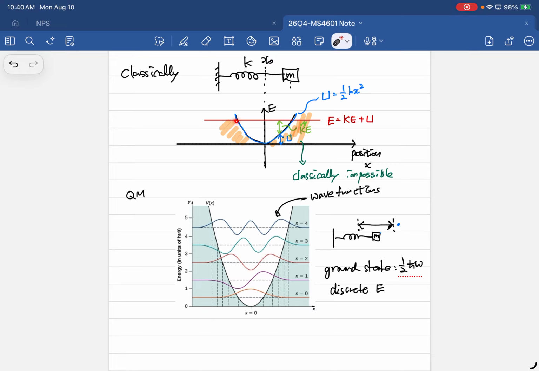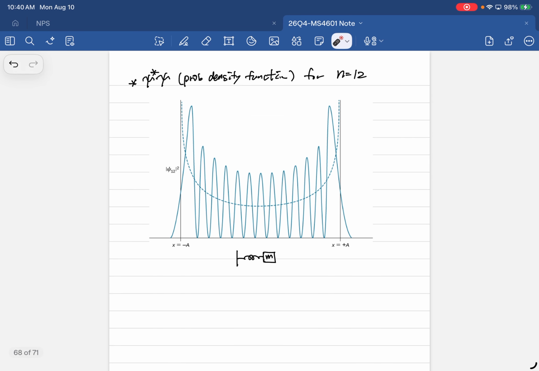Does it make sense? So in a sense, you naturally expect that at the endpoints the particle resides for the longest period. Does it make sense? So what that means is that classically you would expect the probability to look like a parabola.